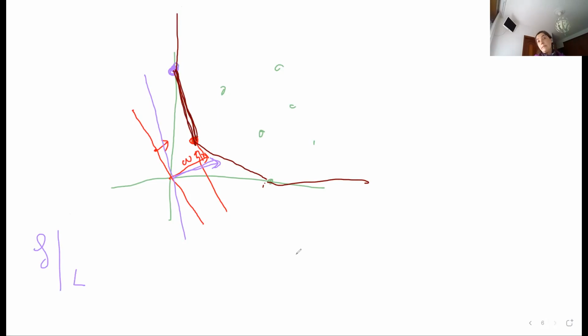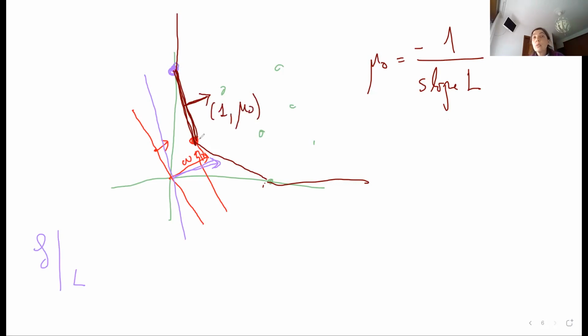If this is L, and suppose that I have here mu0, and this is L, such that mu0 is -1 over the slope of L. Then the vector (1, mu0) is orthogonal to the side.